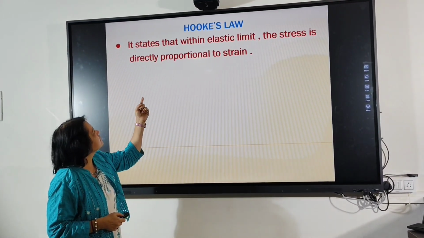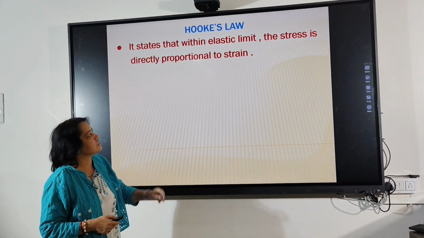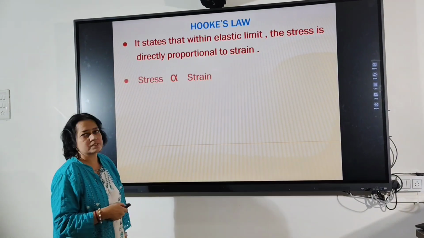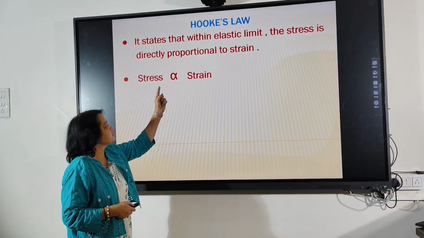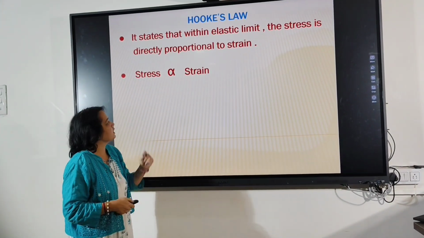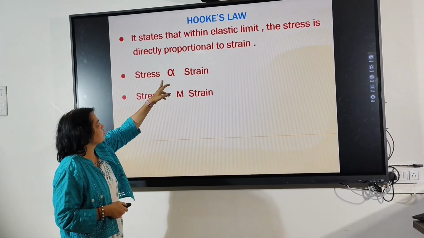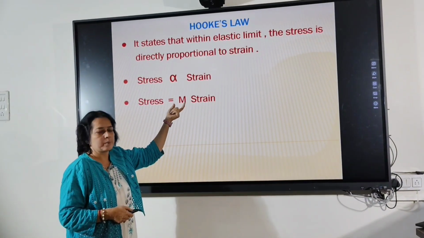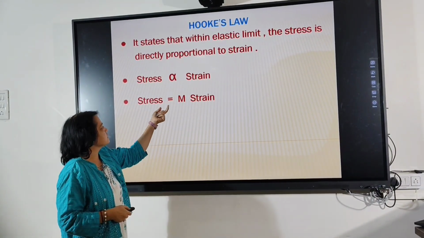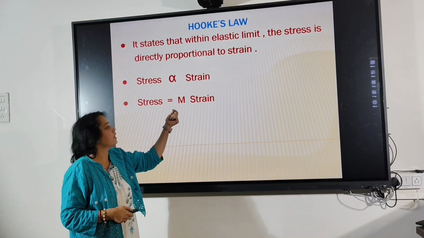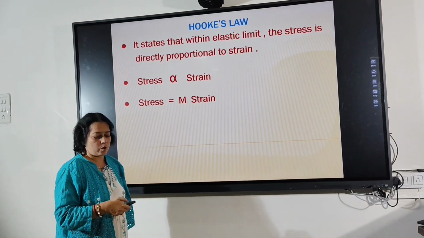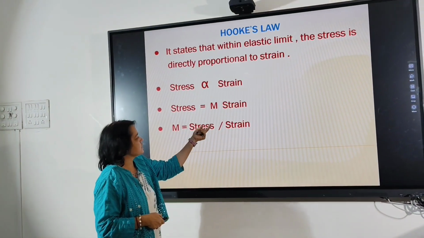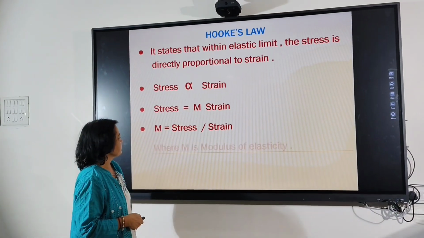So Hooke's law states that within the elastic limit stress is directly proportional to strain, and its mathematical statement is stress is directly proportional to strain. If we remove the proportionality sign, with capital M as the proportionality constant, then stress is equal to M into strain, where M is the modulus of elasticity, and M is equal to stress upon strain.